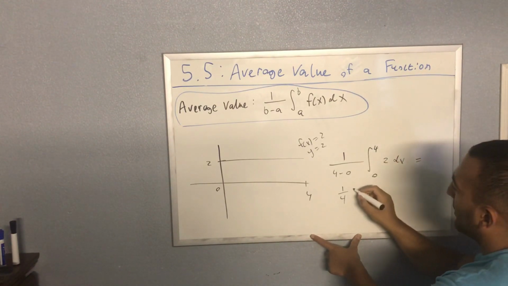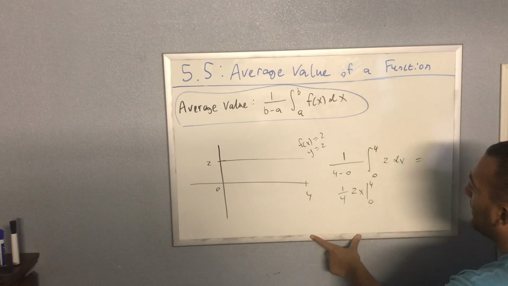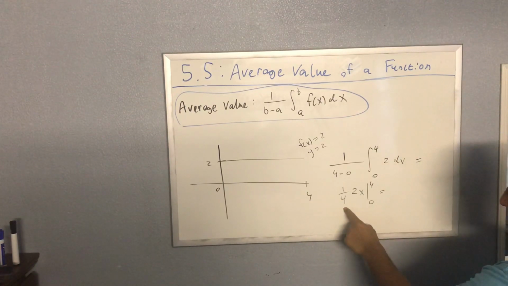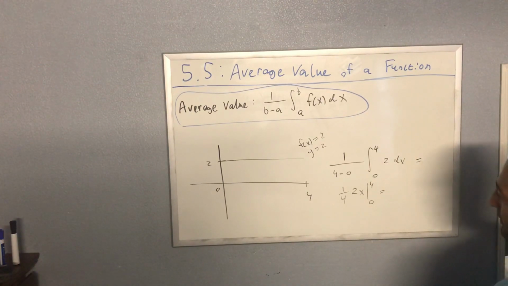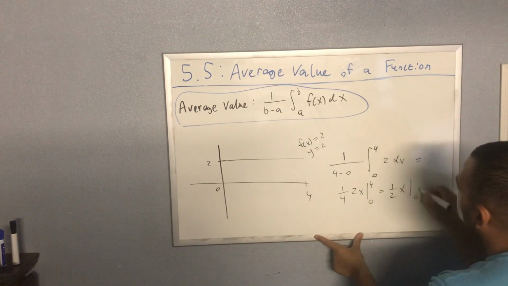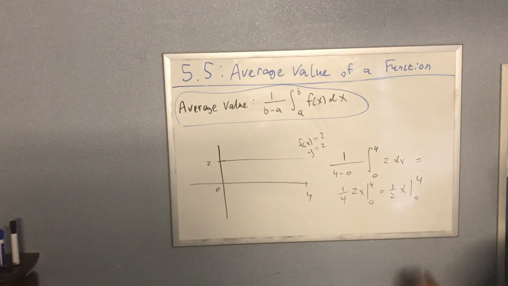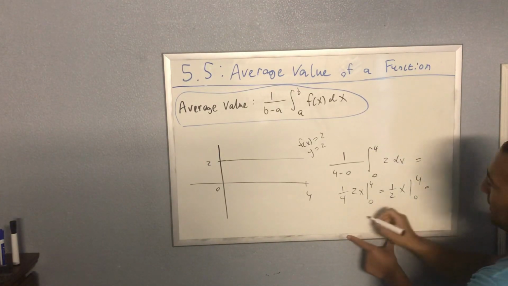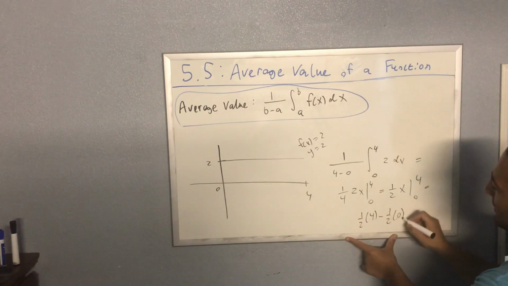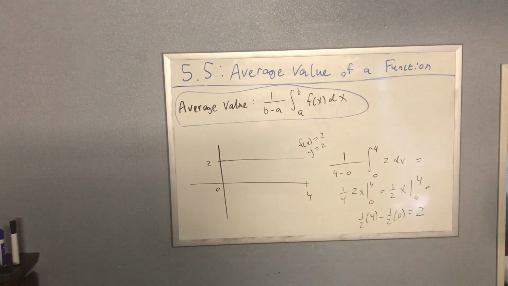So this is 1/4 times 2x evaluated from 0 to 4. And then the 1/4 and the 2 combine to give us just 1/2 x evaluated from 0 to 4. And then this just becomes 1/2 times 4 minus 1/2 times 0, which is 2. Hey, look, that is the average value of our function.